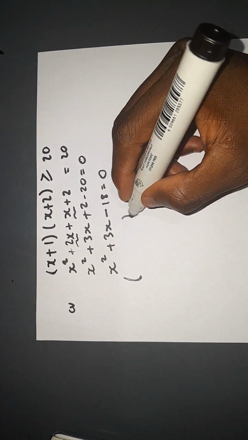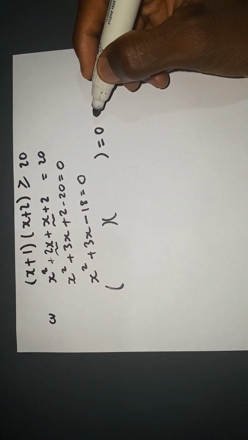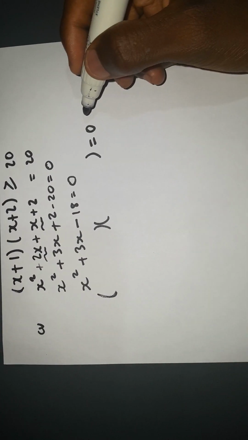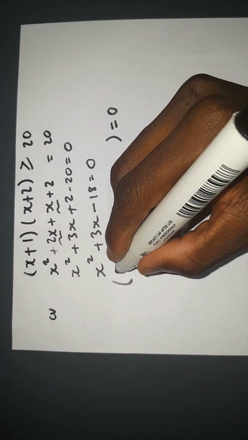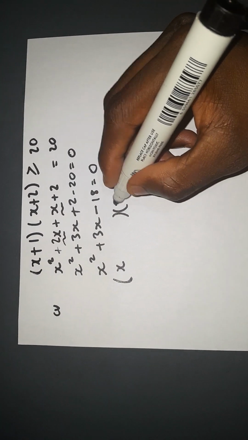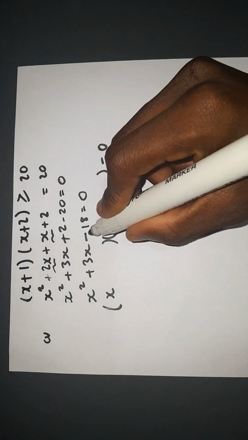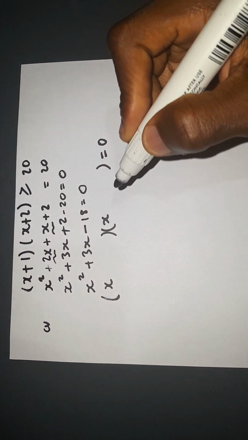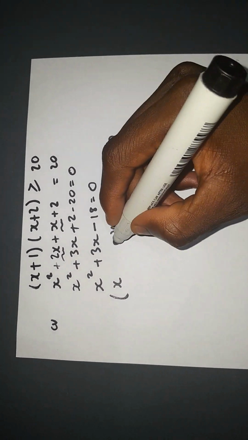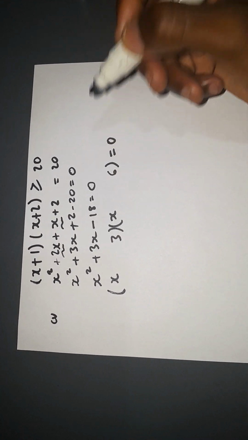Yeah, I know some of y'all can be complaining right now and saying, yo, this method is taking us back and forth, but yeah, it is what it is. So it's x squared, we know it will be x and x, and the factors of 18 that will give us 3 when we subtract will be 6 and 3, because 6 times 3 is 18, and 6 minus 3 will give us 3.